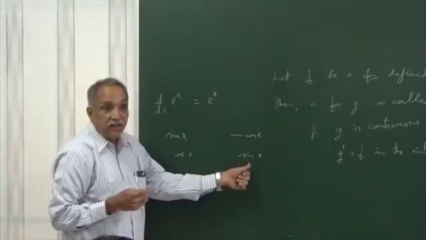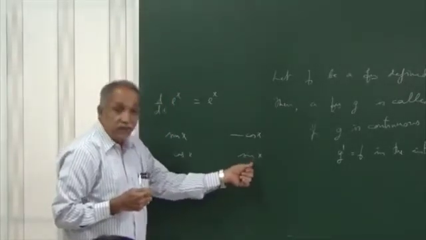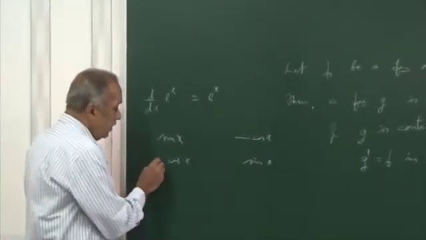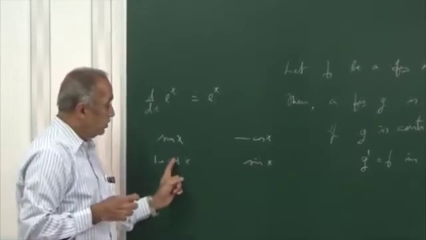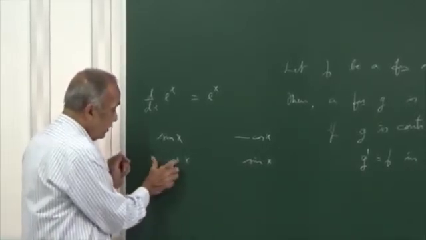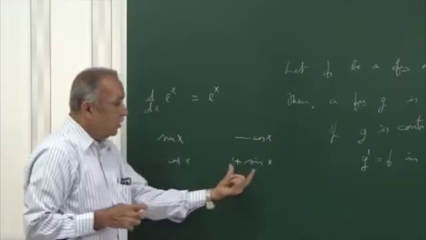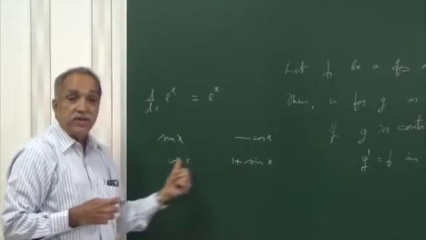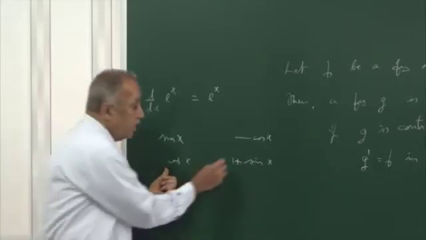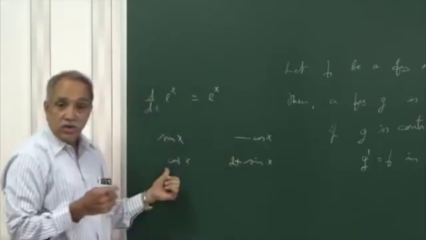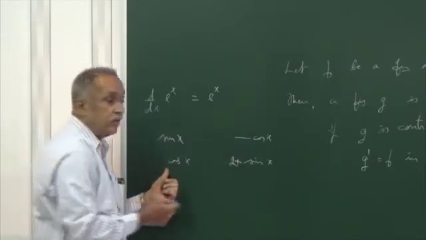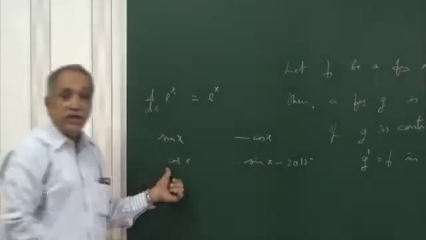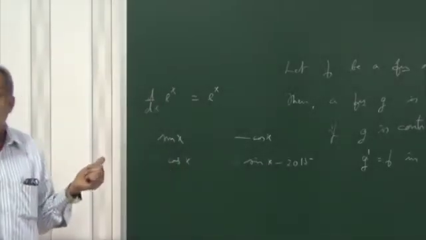Okay. This also is an antiderivative for this. Even when I differentiate this, I get this. This also is an antiderivative. So what is it?